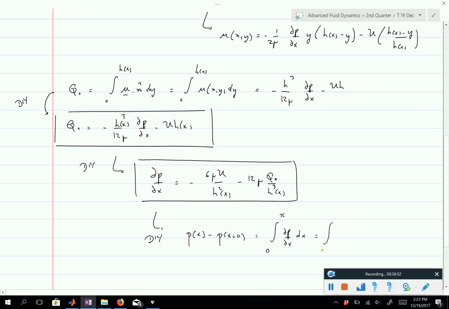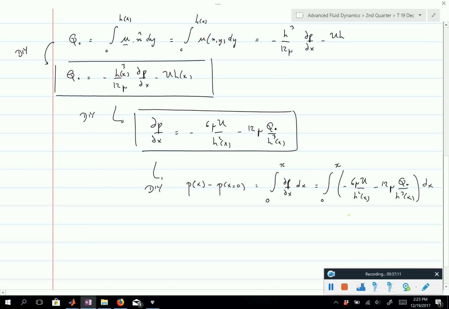So all we have to do is to integrate this whole expression, which is a big expression. I'm not going to do it here, and I'll just write the result. Now remember that h of x is known as a function of x. h of x is equal to h naught plus alpha x. So h is a known function of x, so you can actually integrate this expression.